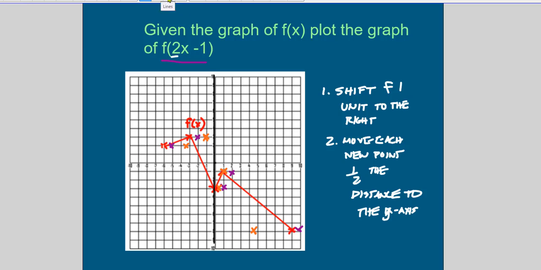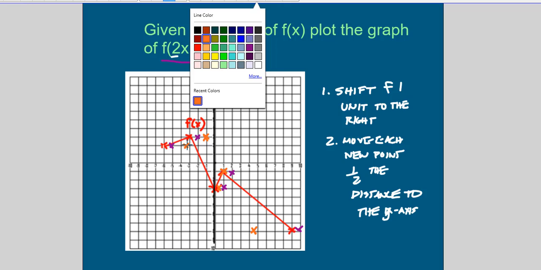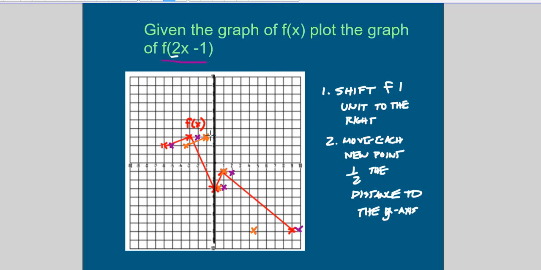And if we connect the points, we'll get our new graph. So we have this. What happens is the range doesn't change because the max value and min value are the same, but the domain gets shrunk to 1/2 of what it originally was.